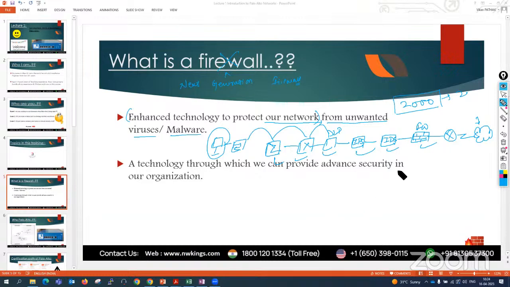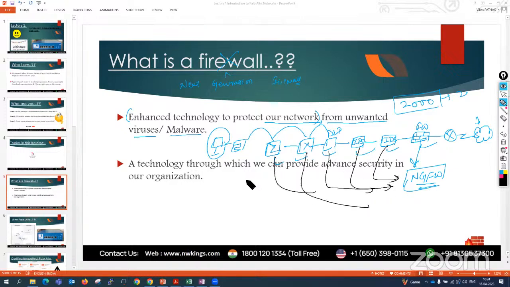But when this firewall evolved, when apart from the firewall, next generation firewall came into the market, this next generation firewall has the functionality of IDS, IPS, DLP, X, Y, Z, everything.